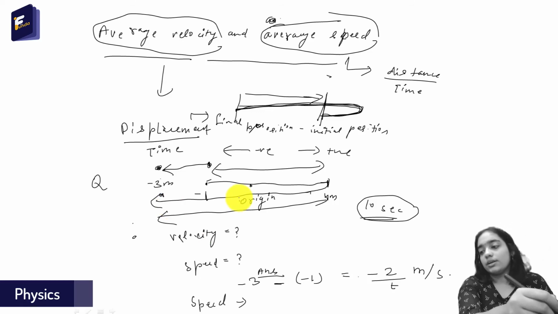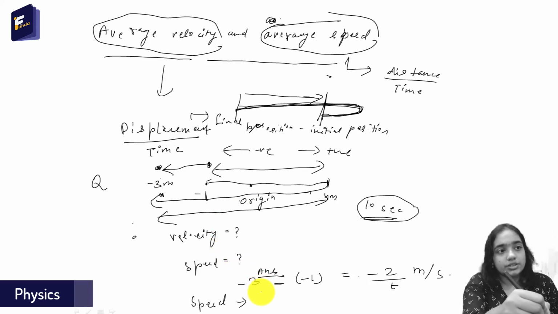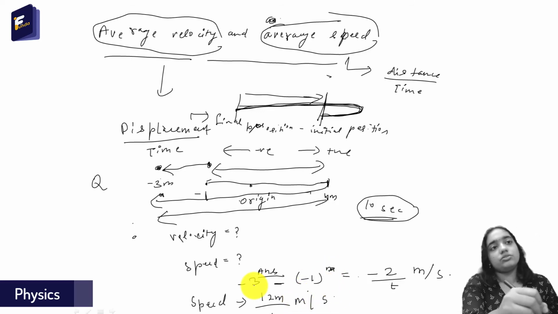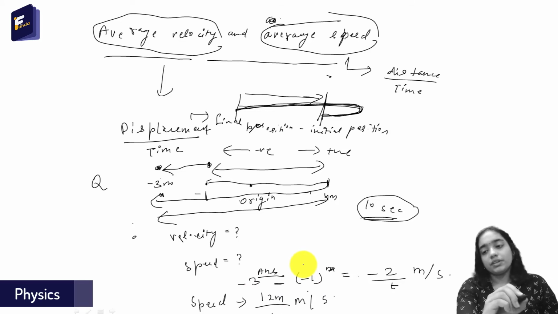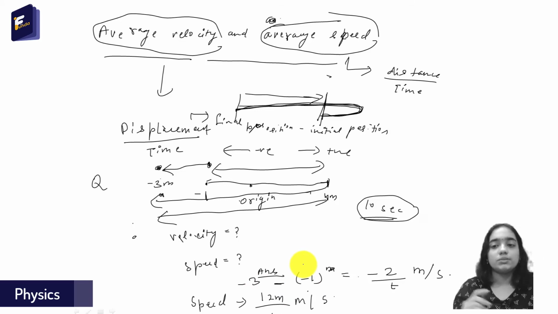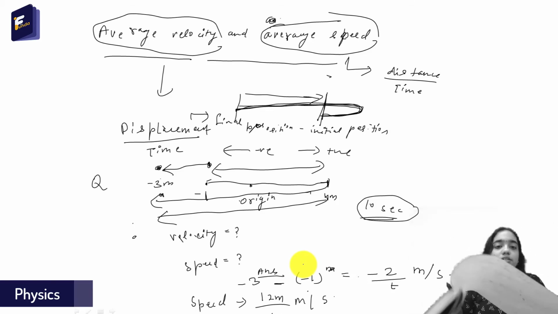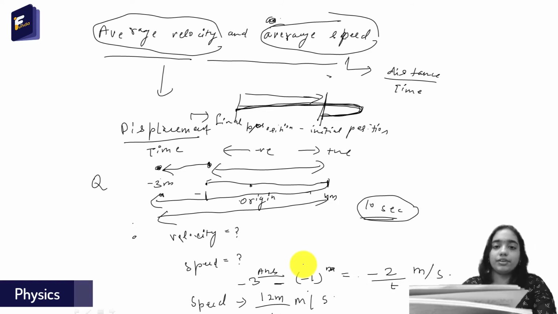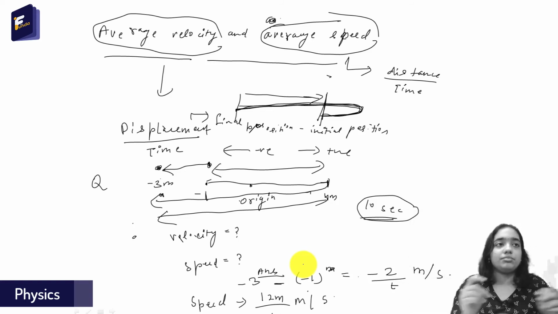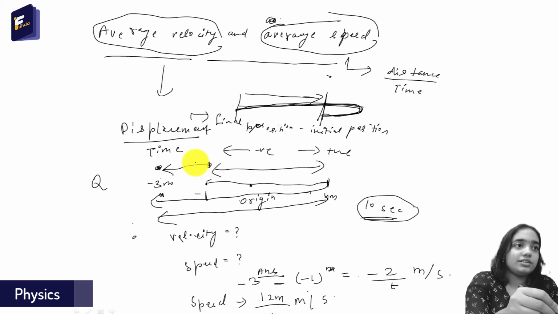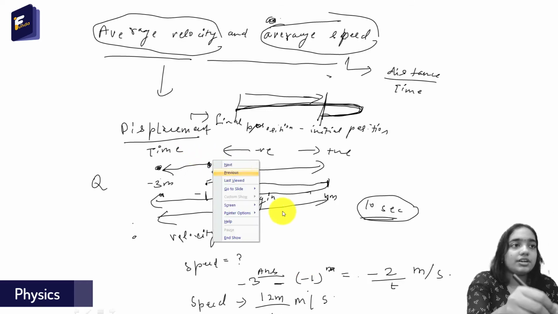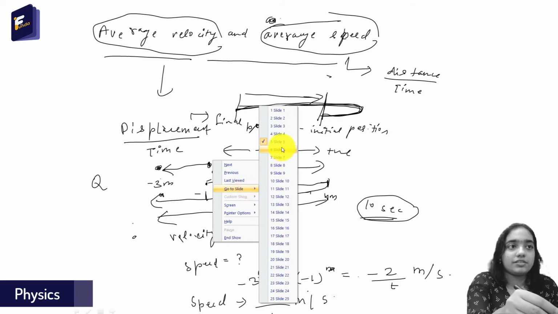I have already calculated this as 12 meter, and the time is t or 10 seconds, so that is meter per second. This is the speed of the particle. So now we know what speed, average speed and average velocity are. Next we will learn one of my favorite things in this, the graph. I like to solve graphs, and graphs are very interesting.